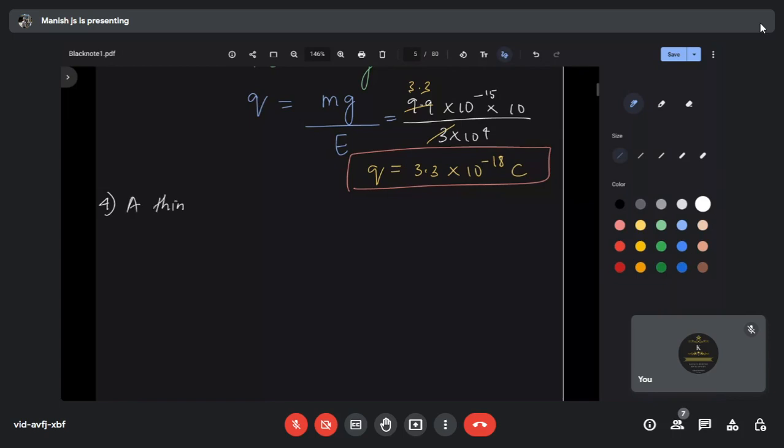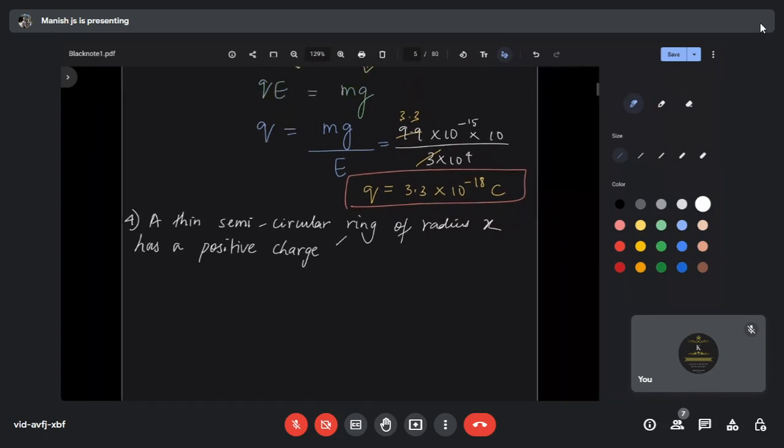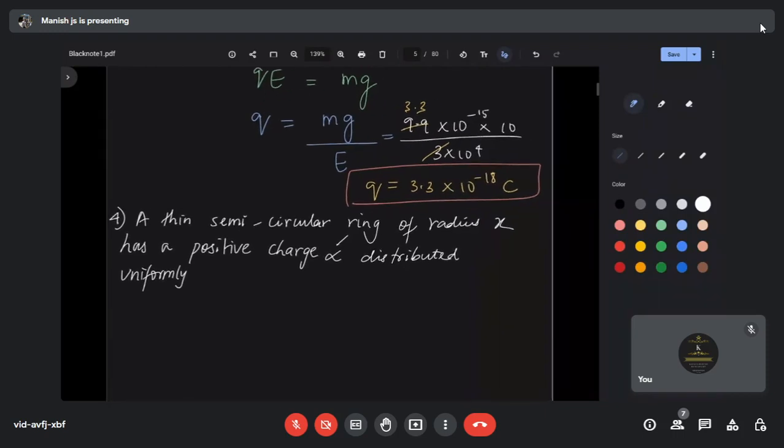A thin semicircular ring of radius x has a positive charge alpha distributed uniformly over it.